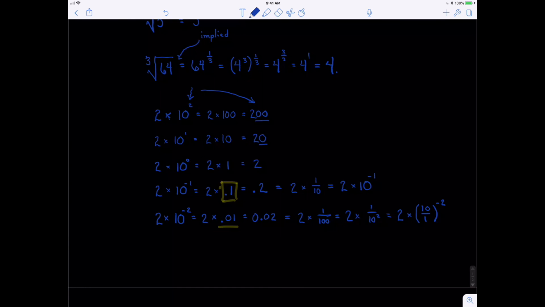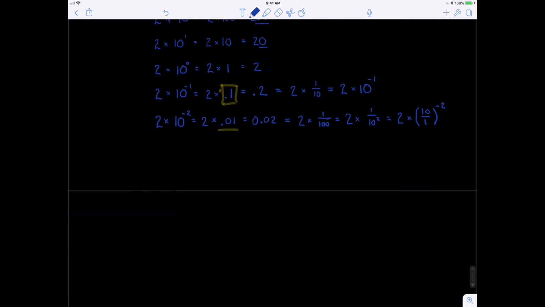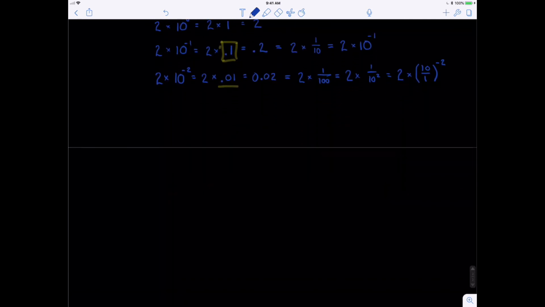And the idea here is that, remember, the negative exponent flips the fraction. That takes a bit of practice, but let's try some. For example, if I asked you to write 1 over the square root of 2 using rational exponents.